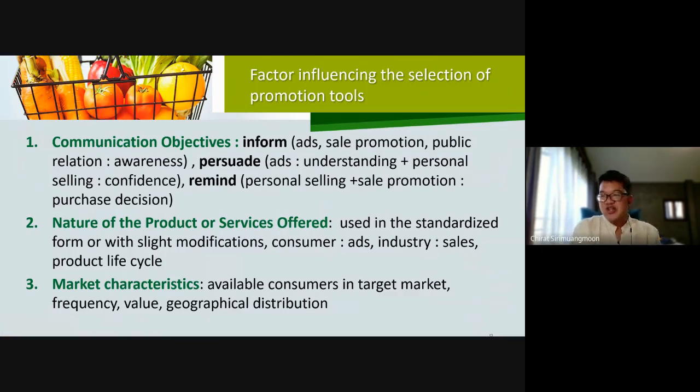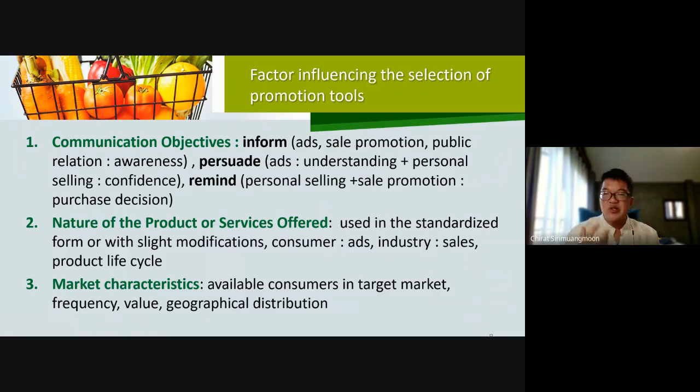So what are the factors influencing the selection of promotion tools? The first one, again, is communication objective. We just talked about the definitions of communications. We actually focus on inform, persuade, and remind.